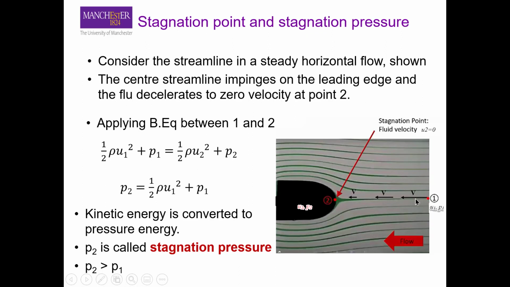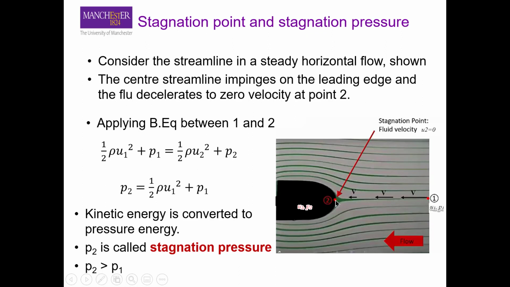The velocity is represented by this vector, and that shows that at point 1 the velocity is high, but as you go towards point 2, the velocity decreases, and at point 2, the velocity becomes 0.